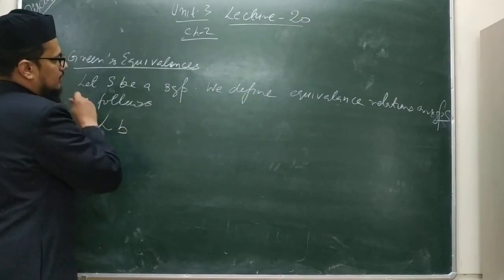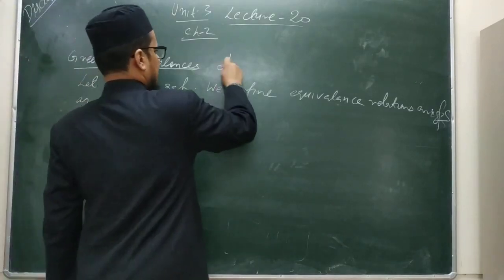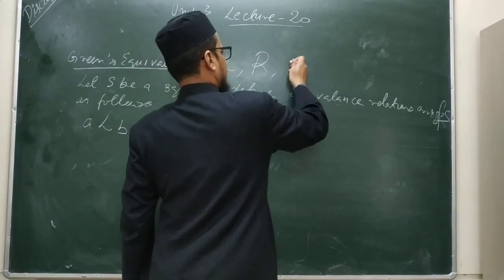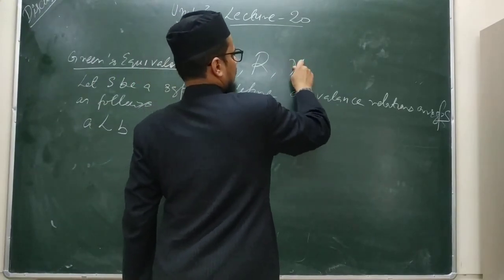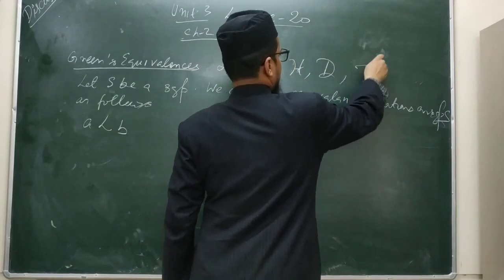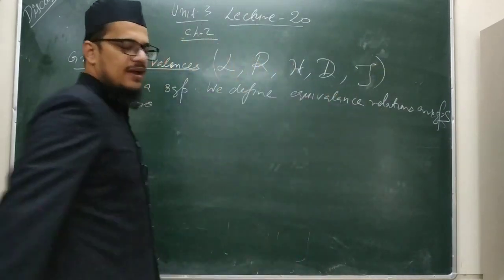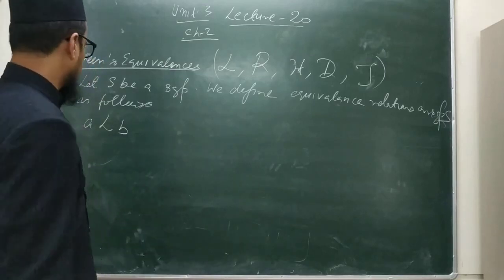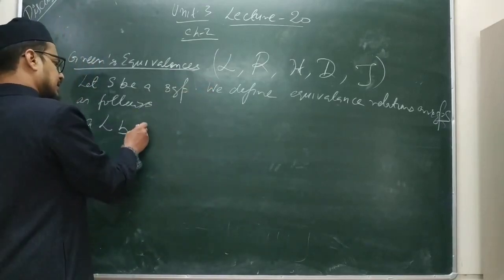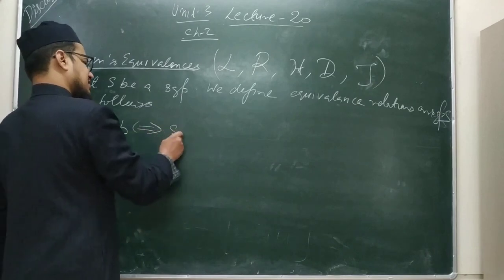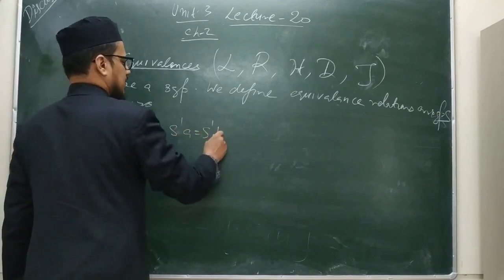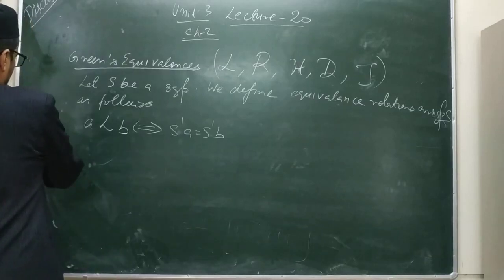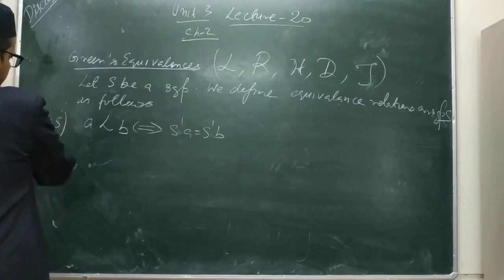Green's relations are L, R, H, D, J. So these are 5 Green's equivalence relations: L, R, H, D, J. We define aLb like this: S1a is equal to S1b. In this way it is defined. Here a, b belong to S, of course.